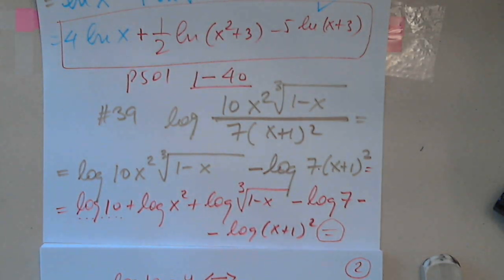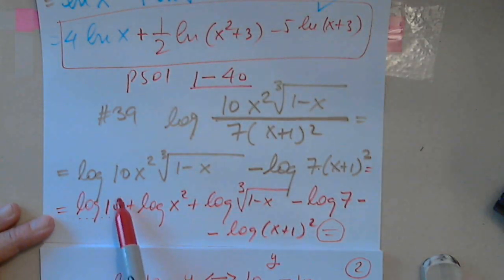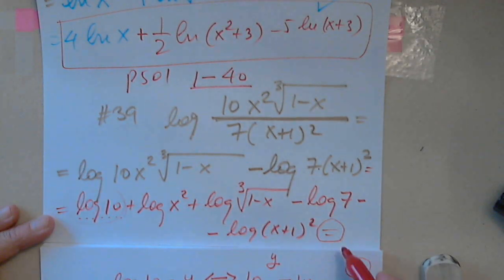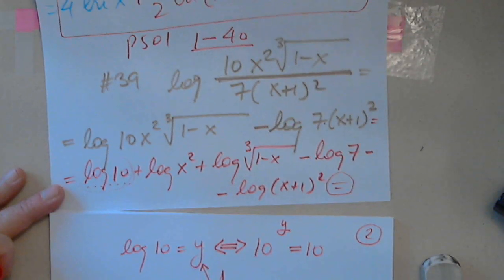What is the base? 10. 10 raised to what power is 10? Now I know what y has to be. Y can only be 1, indeed. So then this number simplifies to 1, and I continue from here.